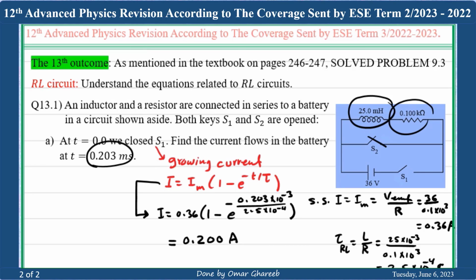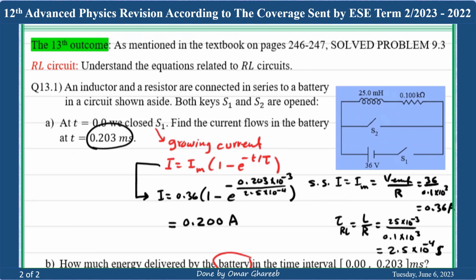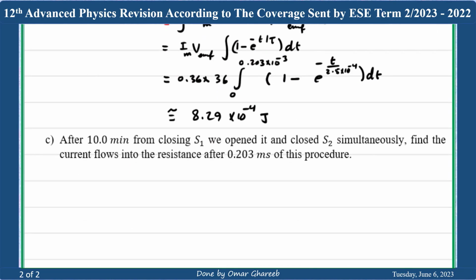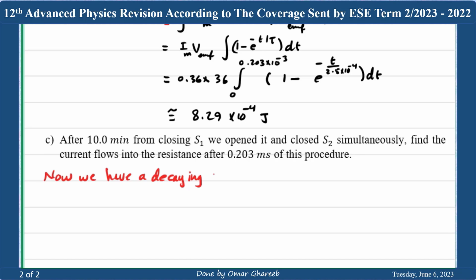At the same time, we close this one. Now we have an LR circuit, and it is a decaying circuit, because we have no power supply.